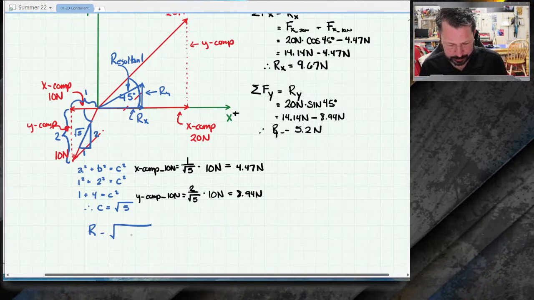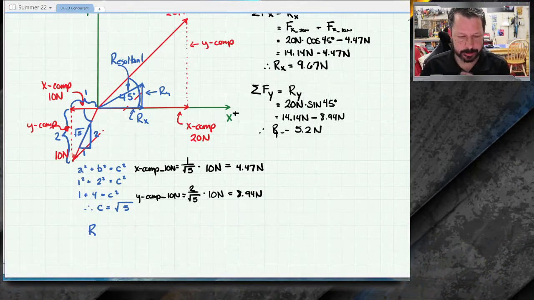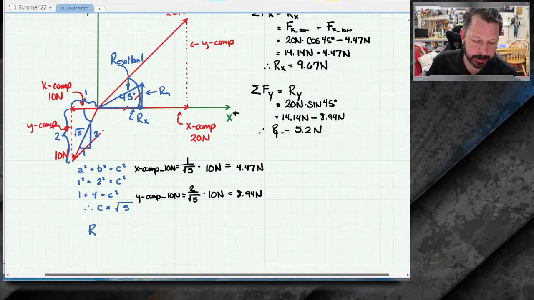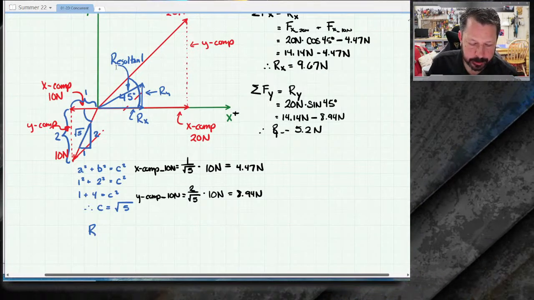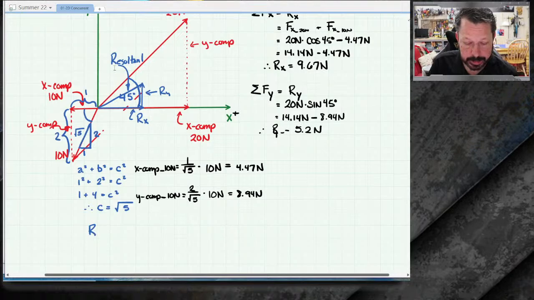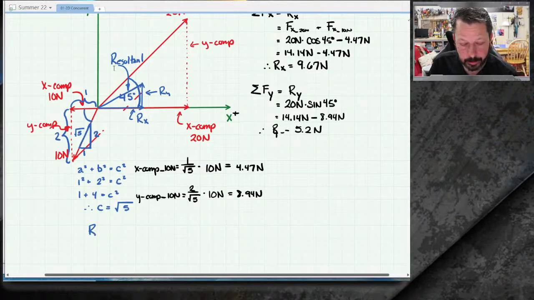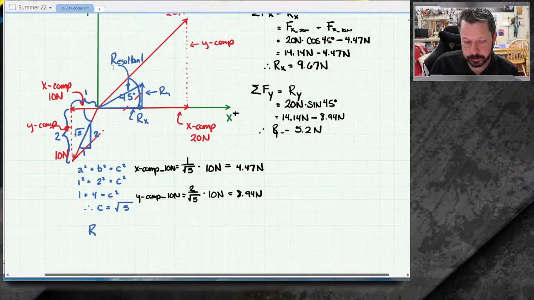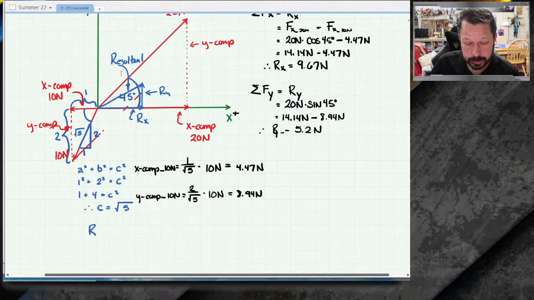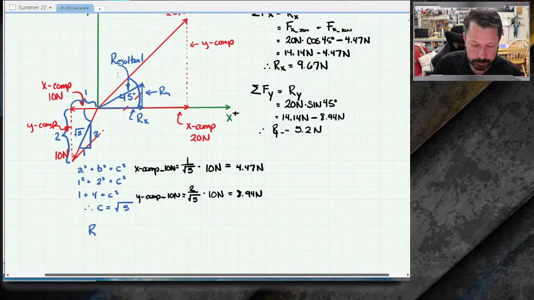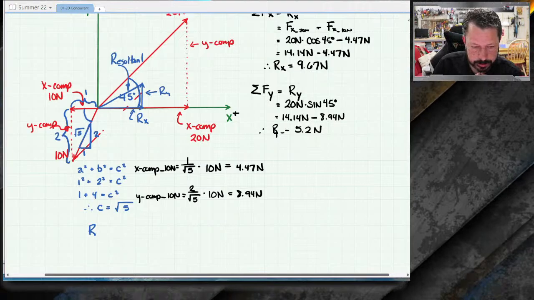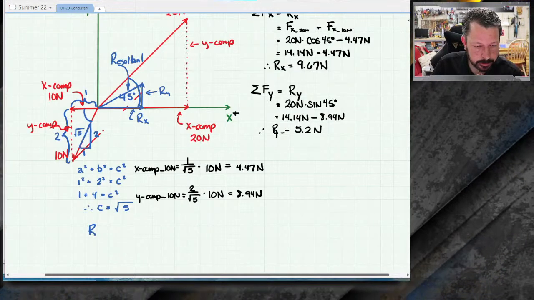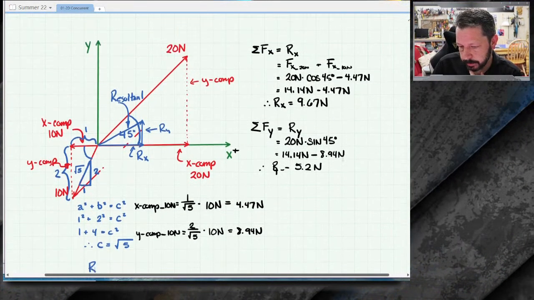I think the computer is a little bit slow. What we're doing is applying the Pythagorean Theorem to our resultants. Rx will be A, Ry will be B, and the resultant will be C. And we'll do Rx squared plus Ry squared equals R squared once it decides to wake up.